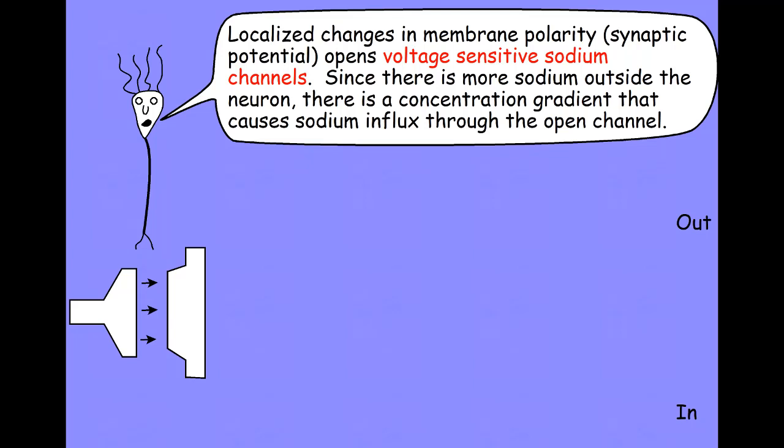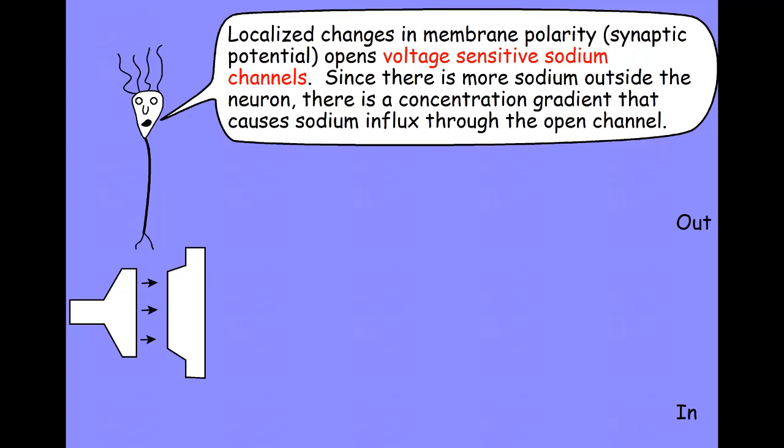Since there's 9 times more sodium outside the neuron than inside the neuron, there's a chemical concentration gradient that wants to push sodium ions into the neuron.